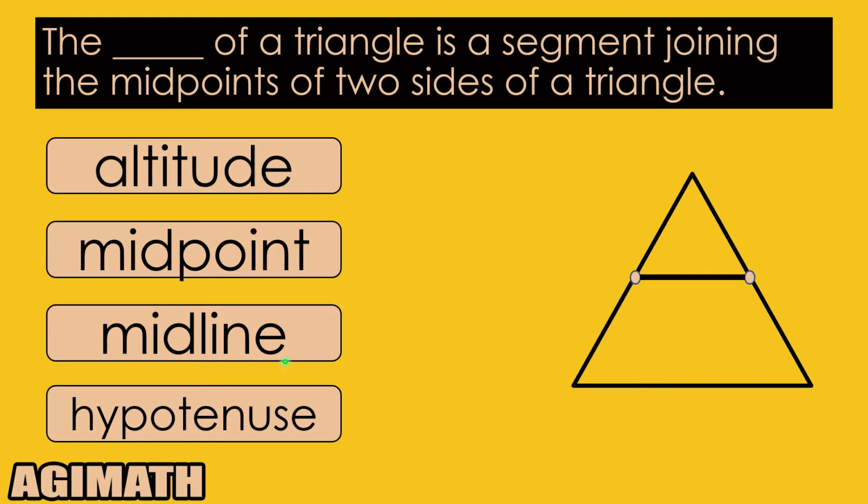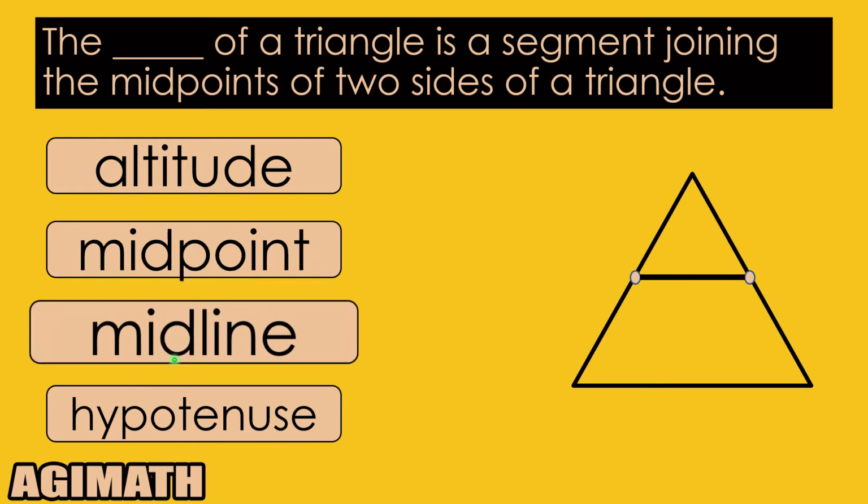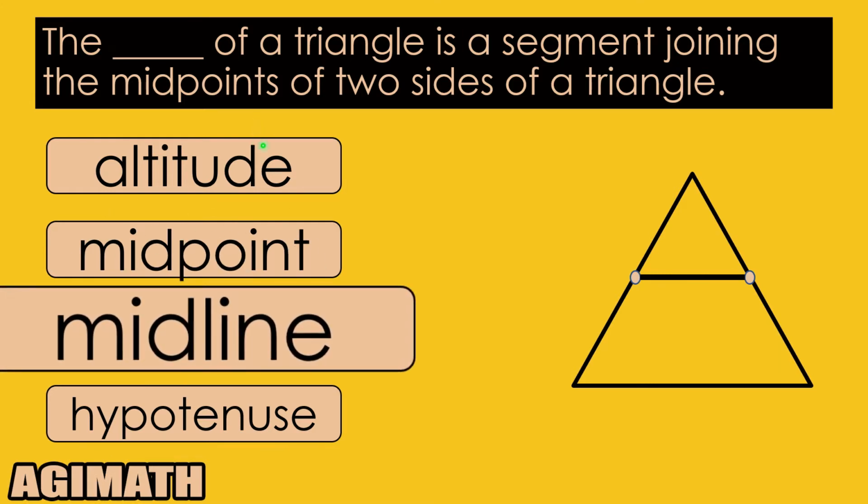It's the midline. An altitude is a segment from the vertex perpendicular to the opposite side or to the base. A hypotenuse is only present in a right triangle. So, not all triangles have a hypotenuse.